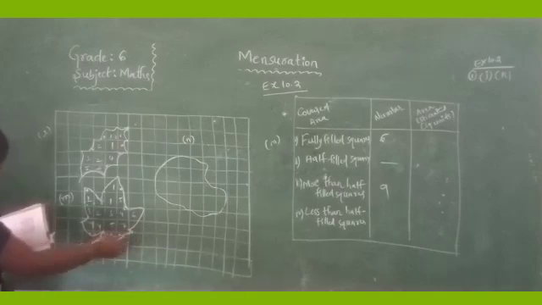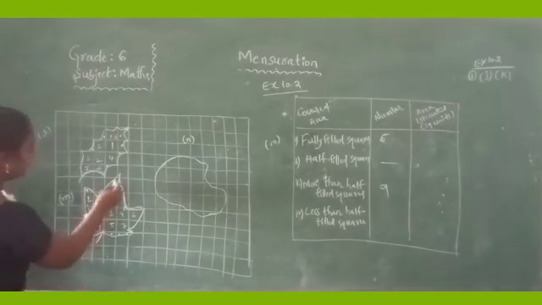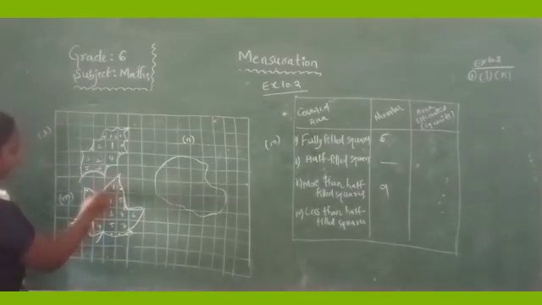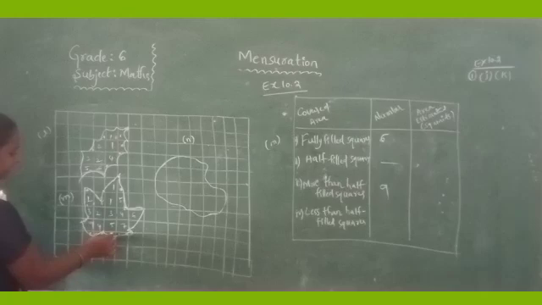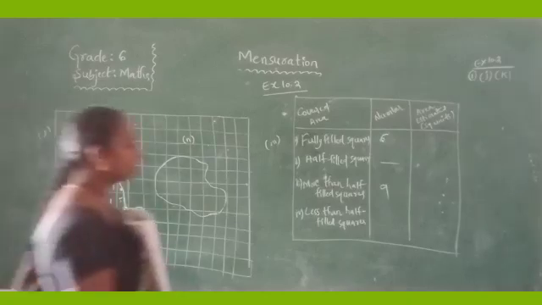Here 9 given. And next see children carefully. Once again you observe carefully here. See, it is 1, 2, 3, 4, okay, 5, 6, 7, 8, 9, 10, 11. So 11, this one, 12. Okay, so total less than half filled squares are 12.